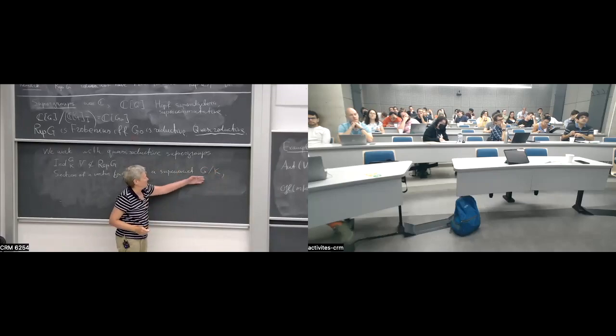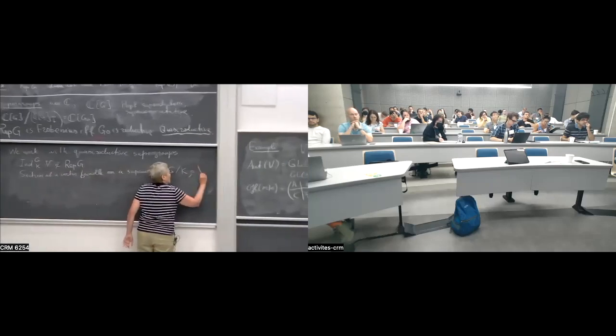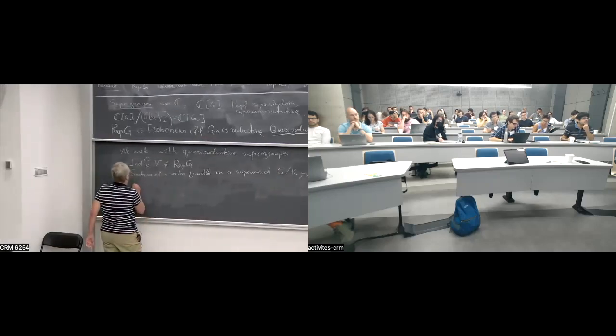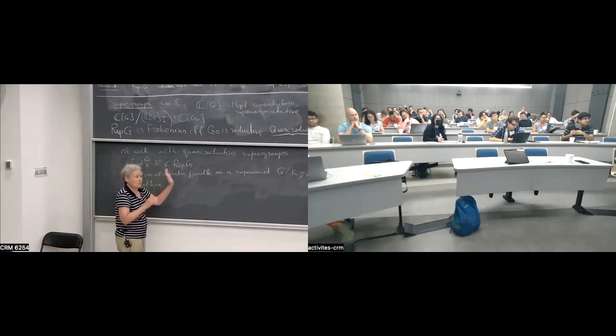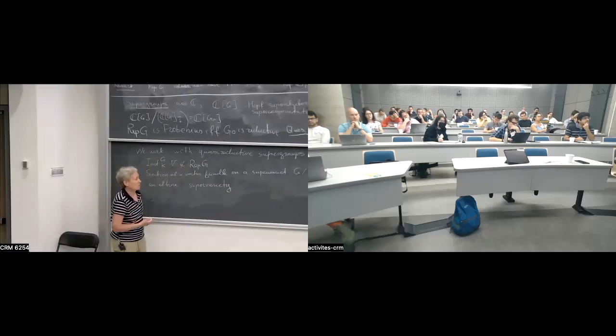There is a work of Masuoka, which explains that this is a well-defined super variety. For us it is important that if I call this super variety X, this is an affine super variety. And so the induction functor is exact, although it doesn't go to Rep G. It goes to all representations. It's of course infinite dimensional. So we actually have the geometry here, and that's what I'm going to talk about.